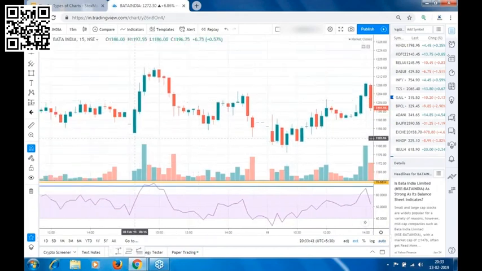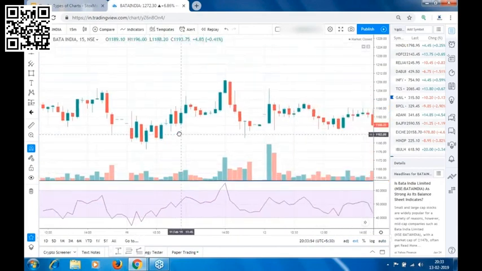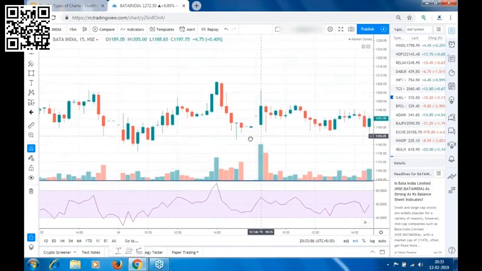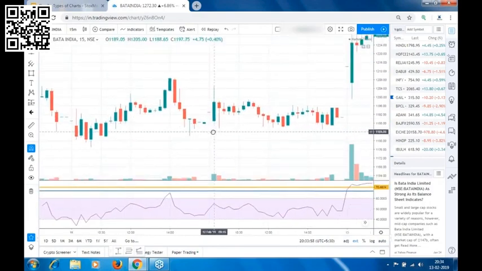Now see Bata, this is your bullish Marubozu candle, and you can see the upward movement in the stock. This is your Dragonfly Doji. Once the high of this is broken, you can see the stock went up, and then it went sideways.